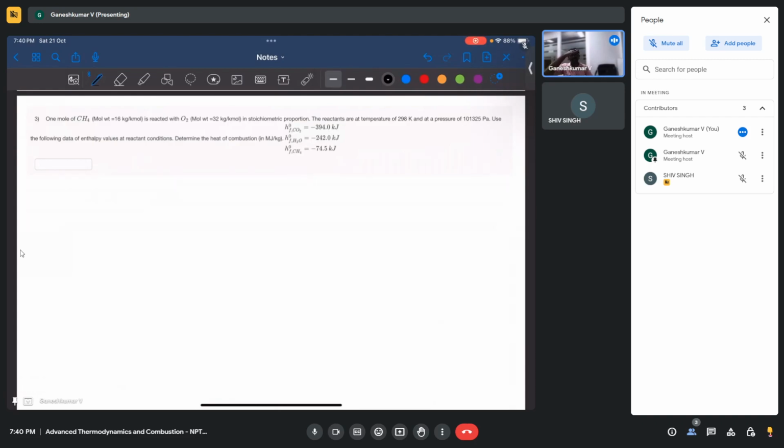In combustion, you are converting the high chemical energy within the chemical bonds of the reactants and releasing it as heat.